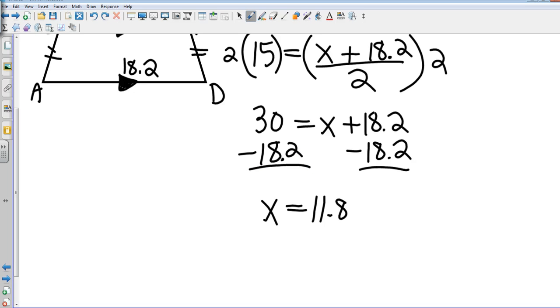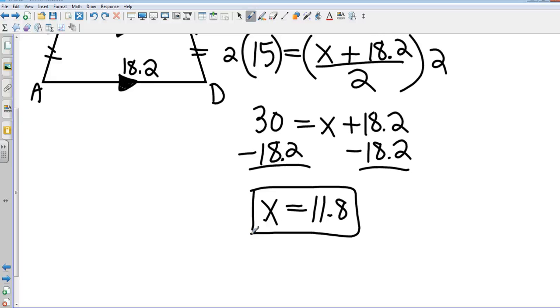And that gives me an answer of X equals 11.8. Now I would look in the problems, if they gave it to you in feet or something like that, make sure that you represent that.